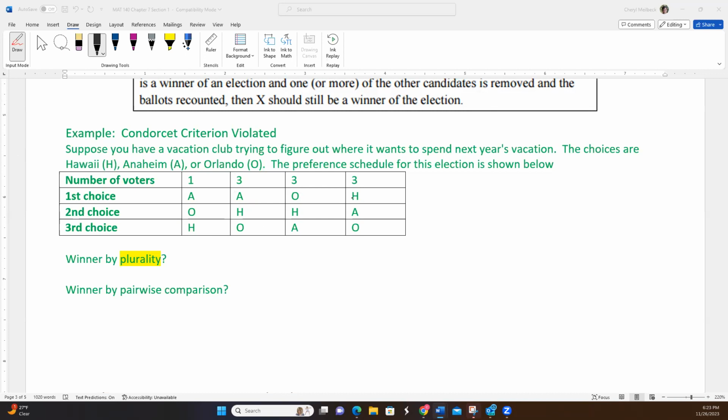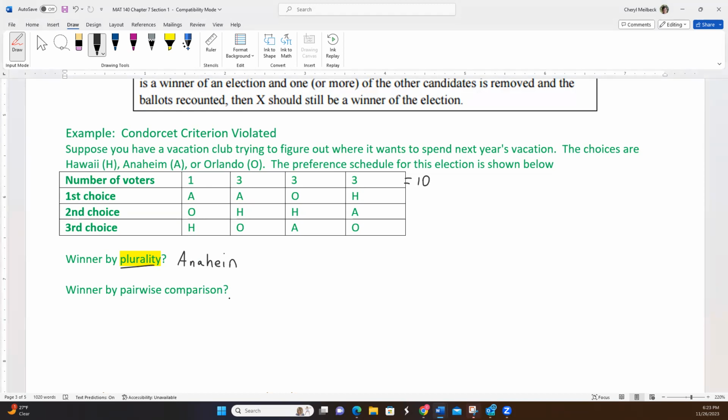Orlando had 3 and Hawaii had only 3. So it looks like Anaheim wins by plurality, most first place votes. If you add all these together, you get 10. So there were 10 votes cast, 3 plus 3 plus 3 plus 1. Anaheim only had 4, so they don't have a majority, but they had plurality.